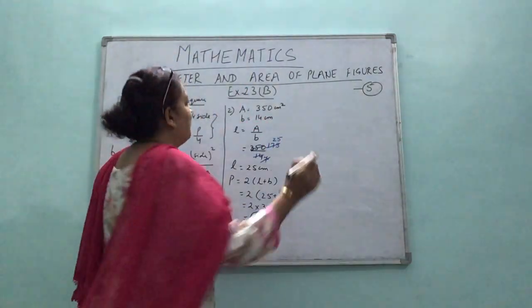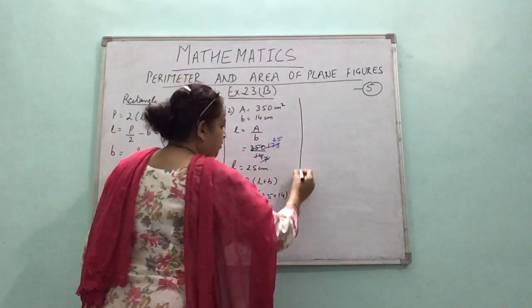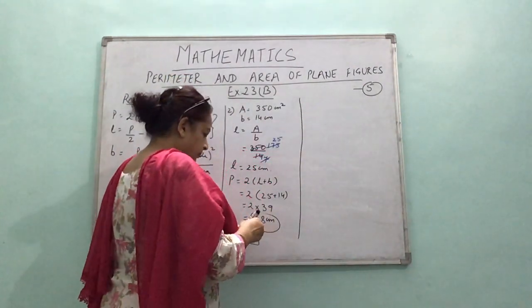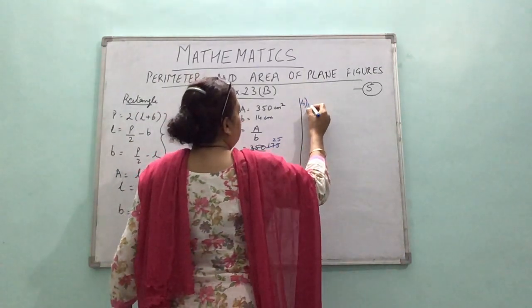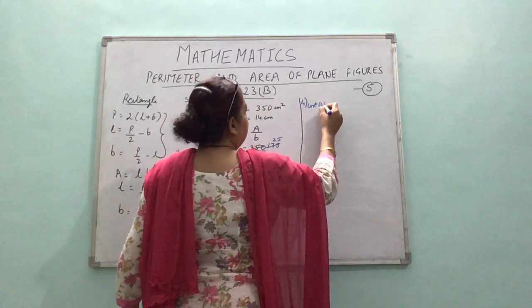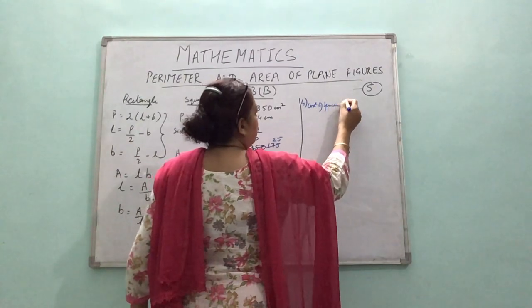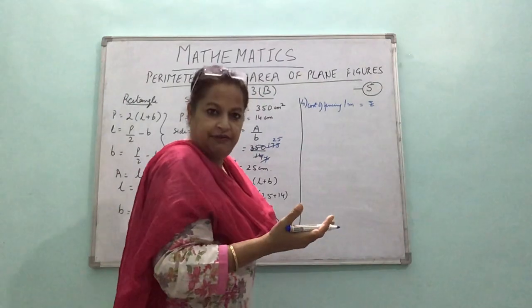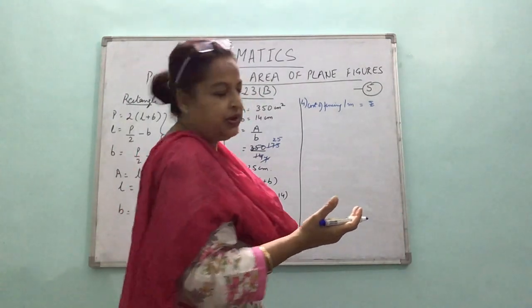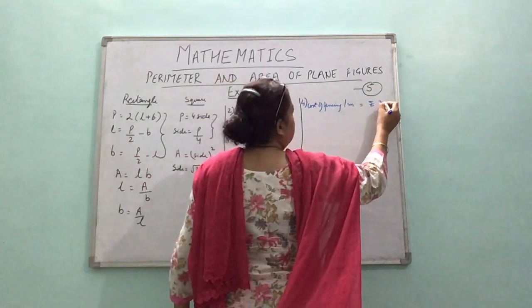Let's see how. Question number 4. Cost of 1 meter fence is rupees 25.